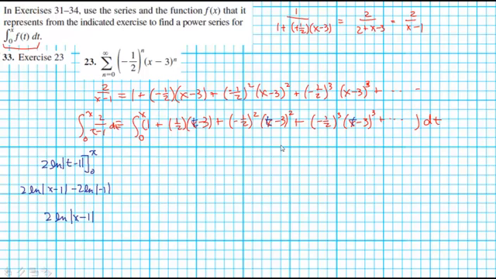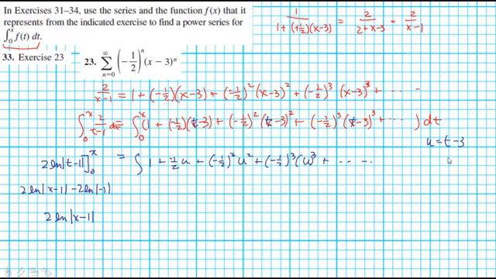On the other side, we might be wise to use a u substitution. How about u is equal to t minus 3? That's going to help us out a great deal, because that means we're going to be doing the integral of 1 plus negative 1/2 u plus (negative 1/2) squared u squared plus (negative 1/2) cubed u cubed plus dot dot dot.